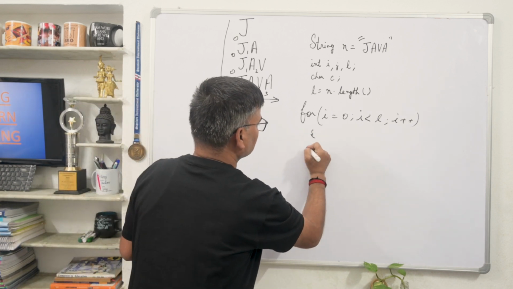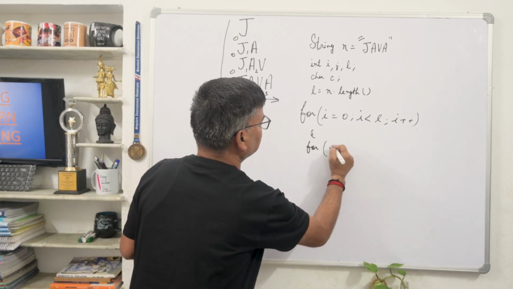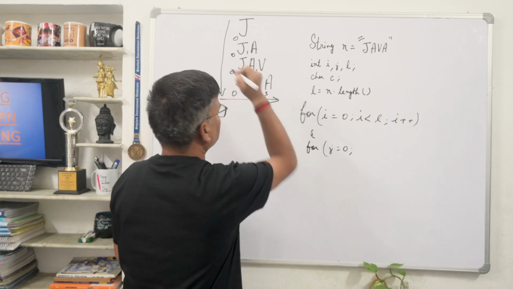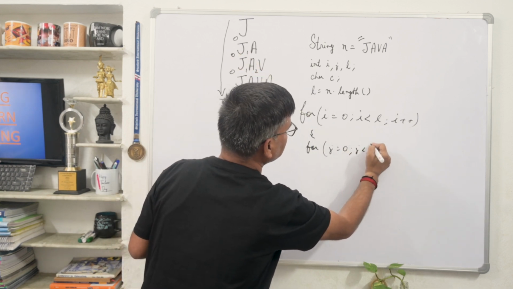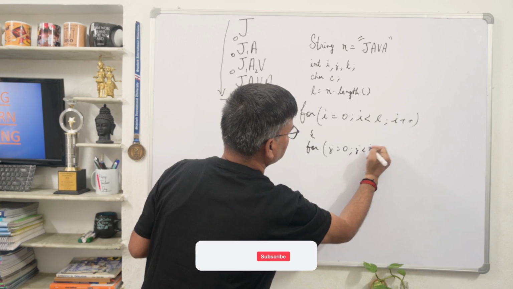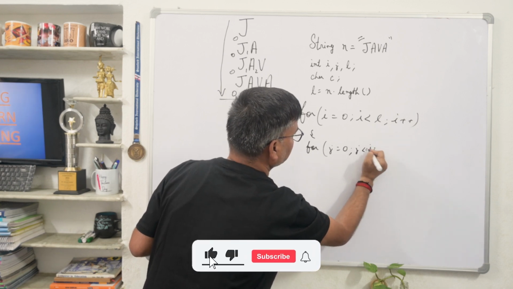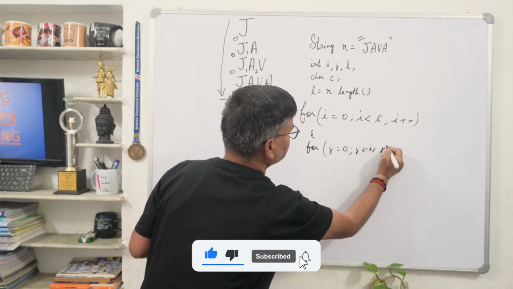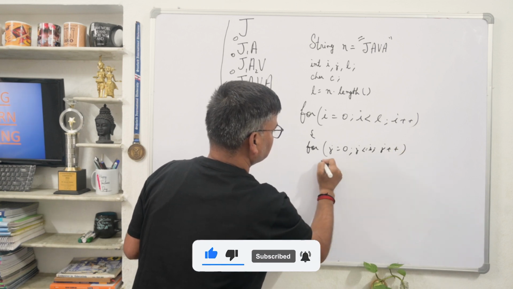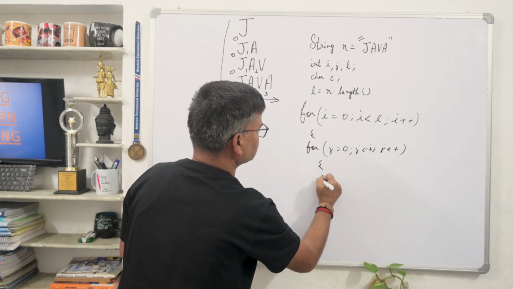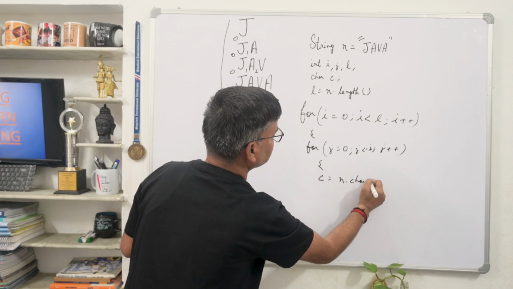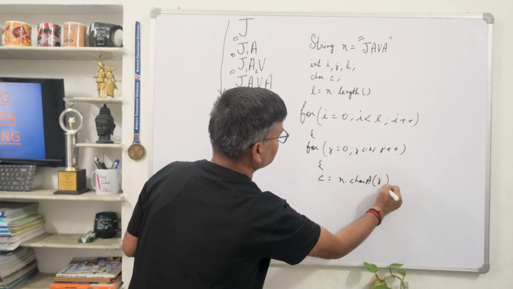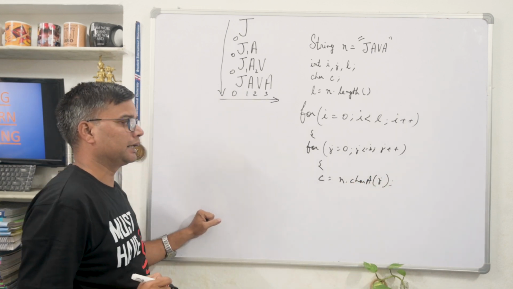And in the inner loop I'll say for j equal to 0 and j less than equal to i and then j plus plus. Within this, I'll take the character c is equal to n.charAt(j).